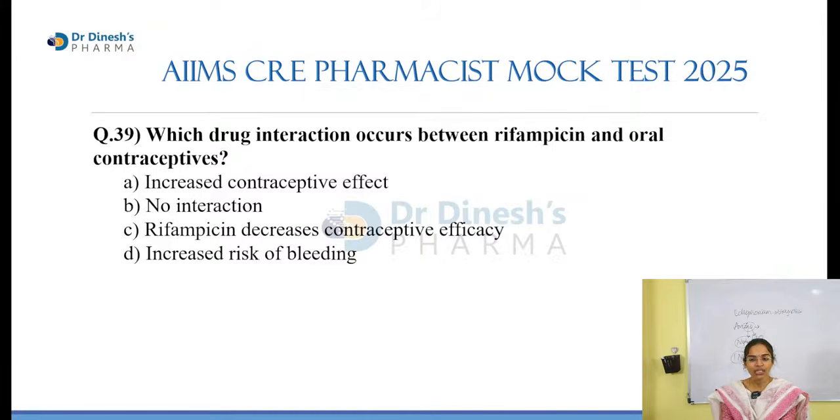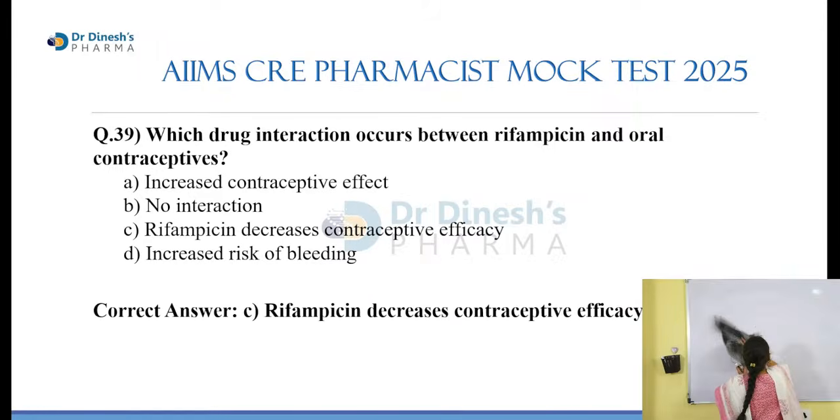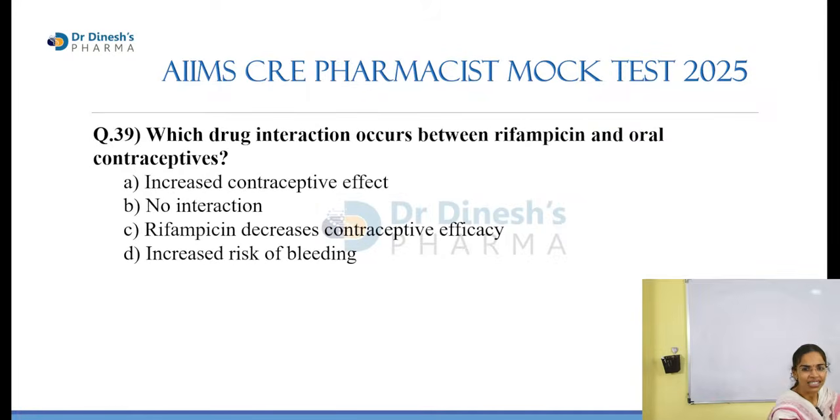Rifampicin decreases the contraceptive efficacy of oral contraceptives if they are used together. Why? What exactly is the interaction here? Rifampicin, what does it do?